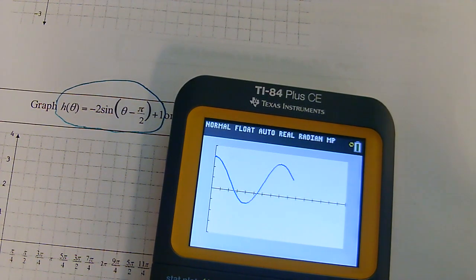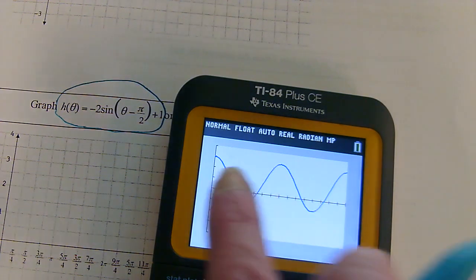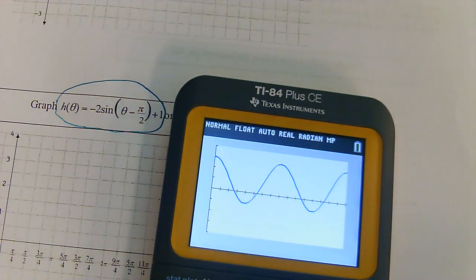Ooh, the midline is no longer the x-axis. I see that. Oh, it shifted up a little bit, didn't it? Also, I'm starting at the top of a hill instead of where I think I should start, which is at 0, 0, where sine usually starts. So there's a little bit of left or right shifting too.